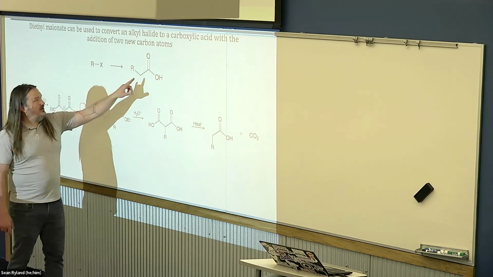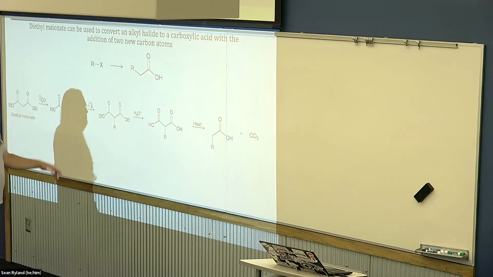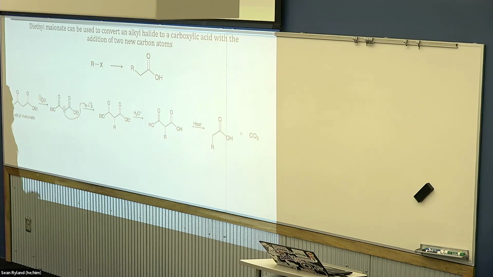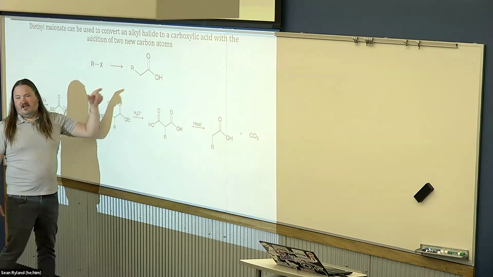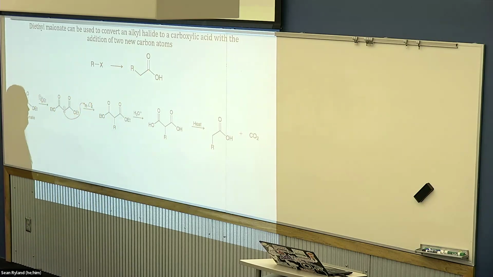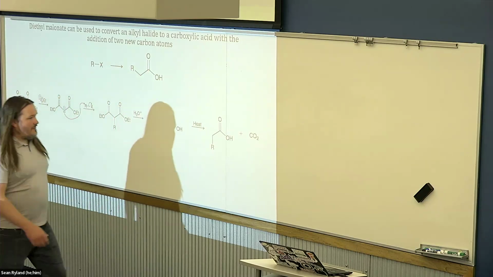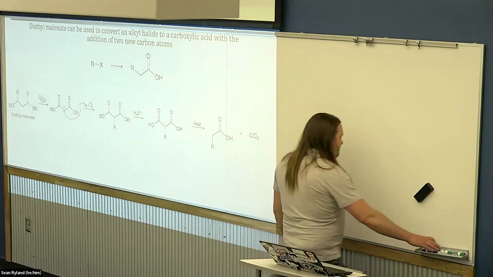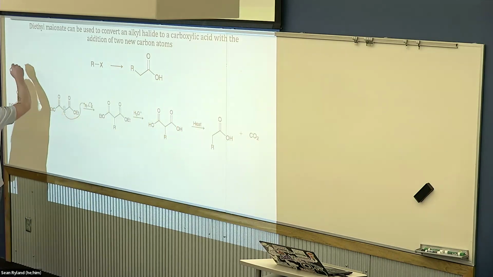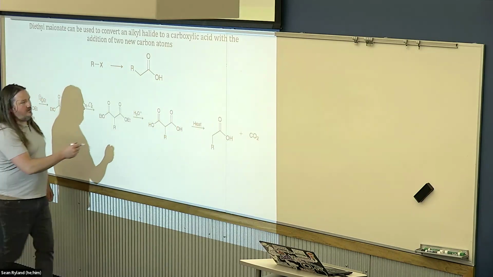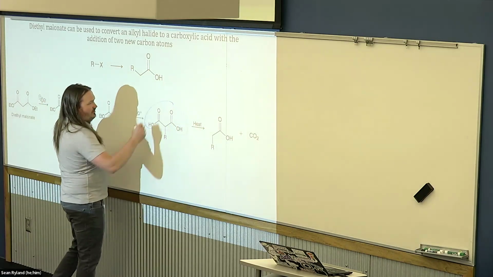It's kind of similar in that regard to using the alkynide ion, remember the deprotonated alkynes? It's a little bit similar, except that we get a carboxylic acid instead of an alkyne as our result. The reason it's called malonic ester synthesis is because malonic acid is that molecule there.